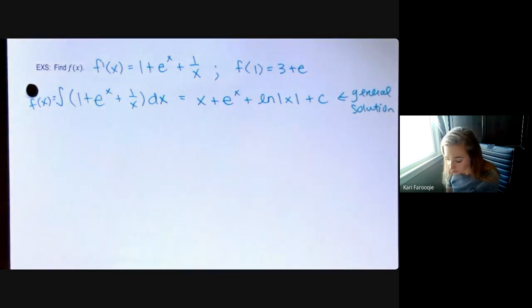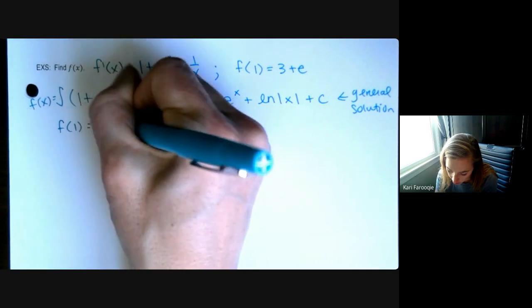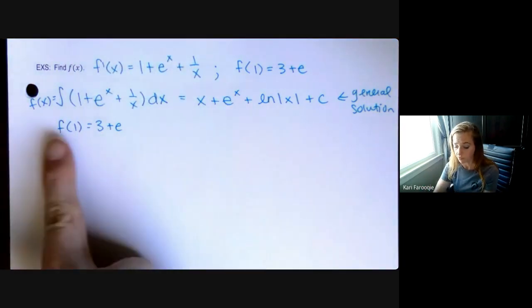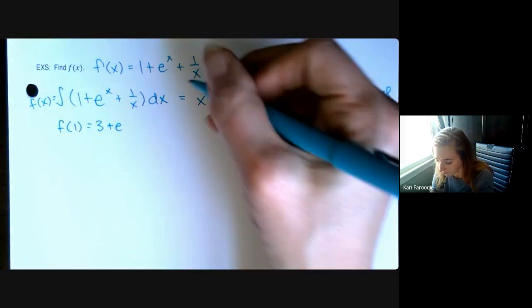All right, that's our general solution. Let's go ahead and use this point to find a particular solution. So what I'm going to do is find f of 1, and I'm going to set it equal to 3 plus e. So let's try this new notation here, because I tend to use the two equal signs, and maybe that's throwing people off. So I'm going to use this. So that means I'm going to take f of x.